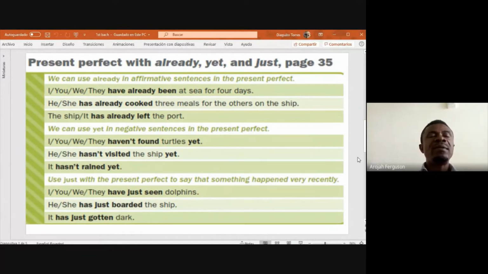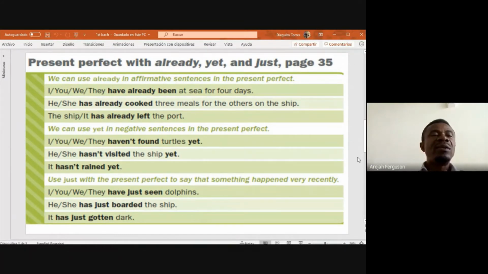The first one: they have already been at sea for 4 days, or we have already been at sea for 4 days, or you have already been at sea for 4 days. Then I have already been at sea for 4 days.